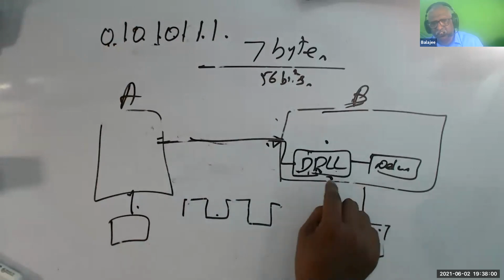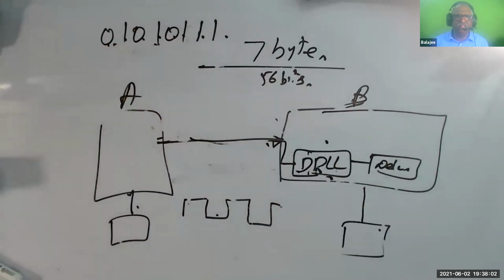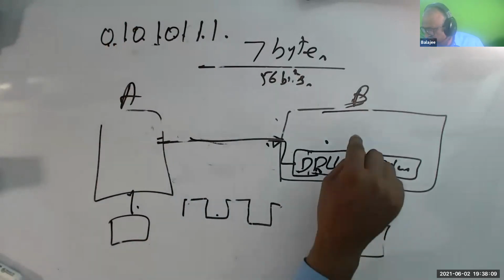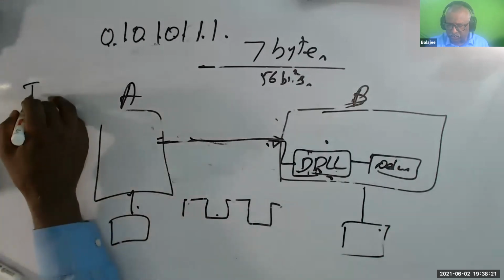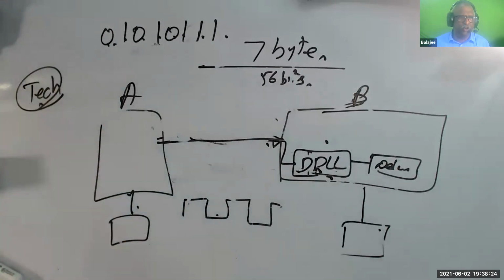If this guy receives this successfully, then that guy will know, good, I'm synchronized. Both the clocks are the same. If this guy is not receiving the data, then that data is lost. That means they have not synchronized the clock. The whole communication becomes waste. But nowadays, because of technology, this is not happening. We are able to synchronize the data perfectly.